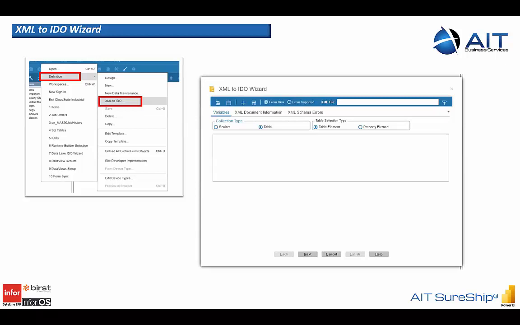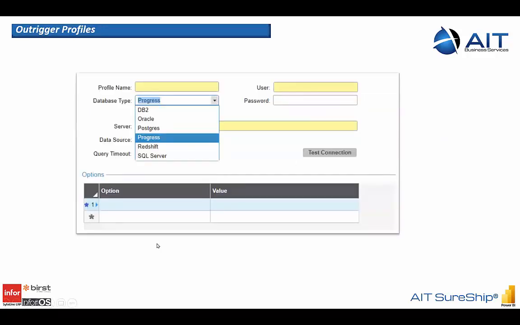So if you actually have XML documents out there, let's say my customer was sending me EDI via XML, you can upload the XML file, and it will try to interpret what it is and build the IDO based on that. That builds the IDO, that does not build the form. And by the way, on that one, you still want to be SA.